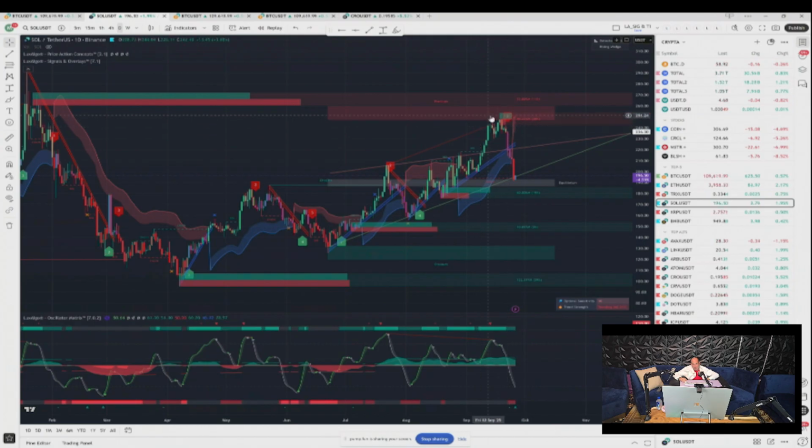And as expected, it turned around at the 240, 250 level. It had a correction a bit deeper than I expected, honestly, but that's how Sol moves. It's very aggressive. That's why it's high risk, but also high return.